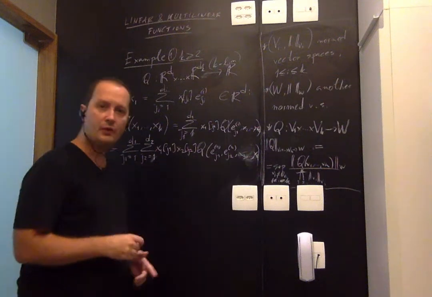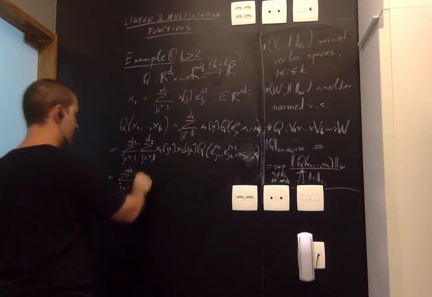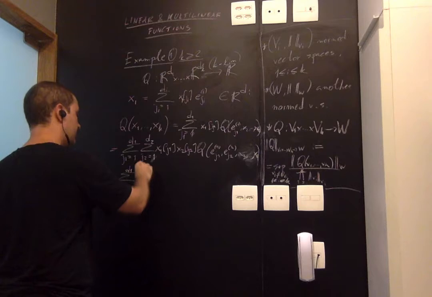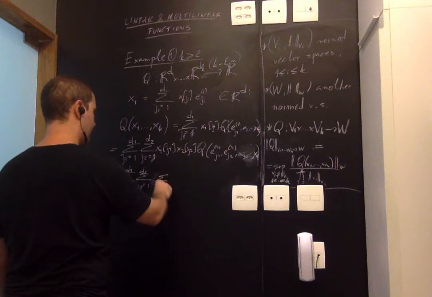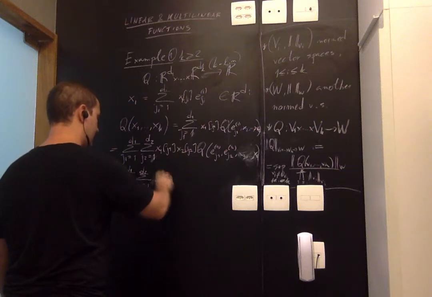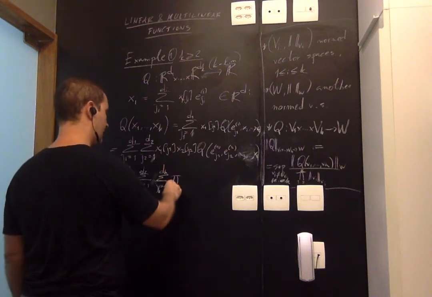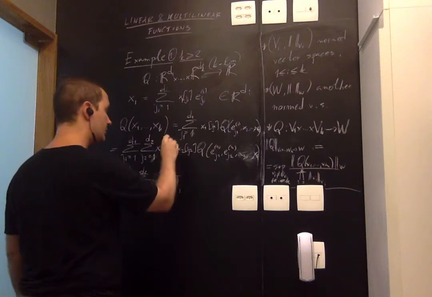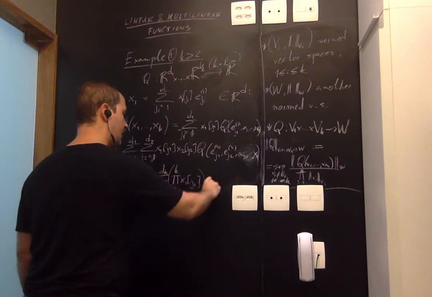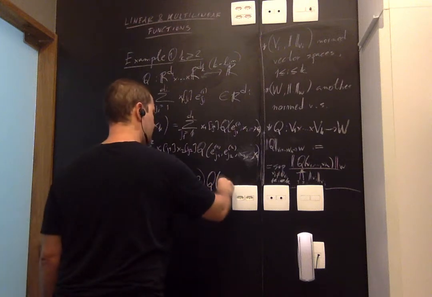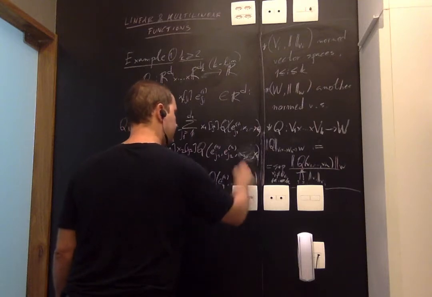And I keep on doing that for all the coordinates. I get a sum for each input, and a product of entries of x_1, x_2, up to x_k, and Q of e_{j_1}^1 up to e_{j_k}^k, all canonical basis vectors.